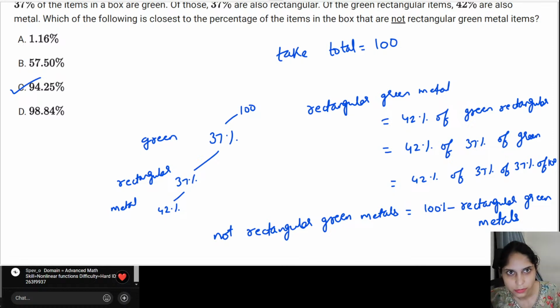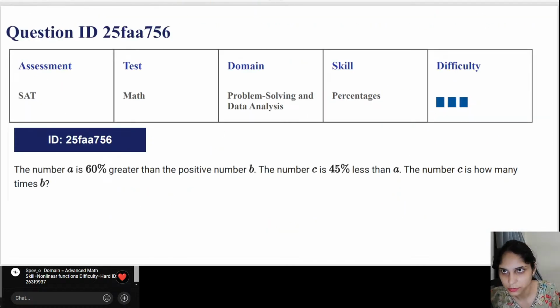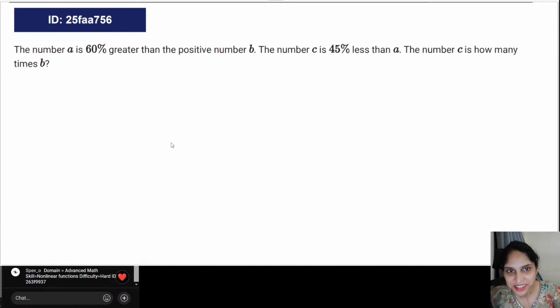Next is question number 52. Again, we have done this question.